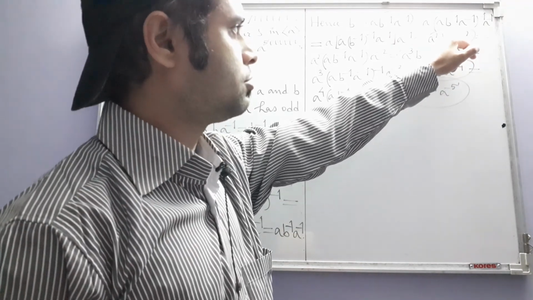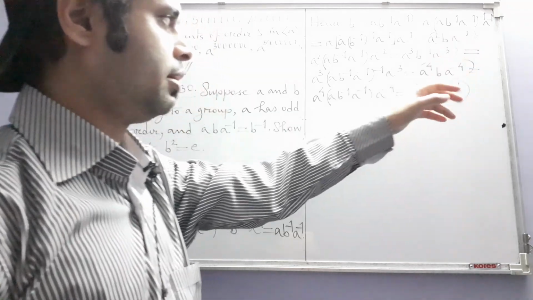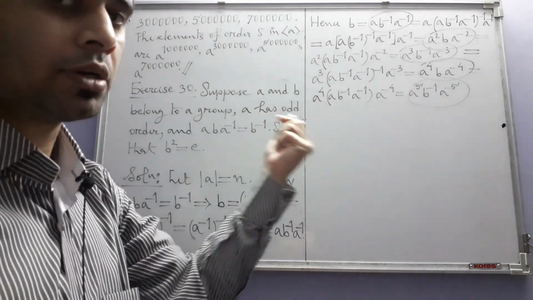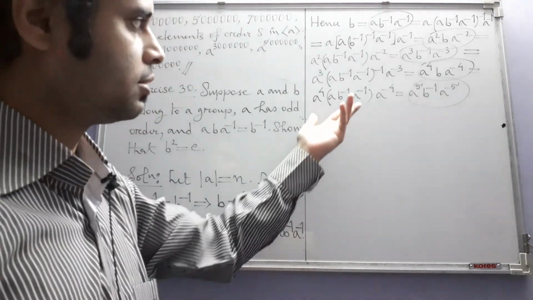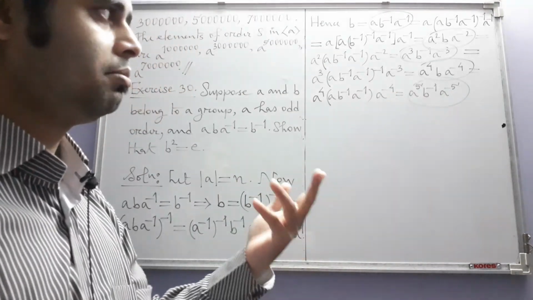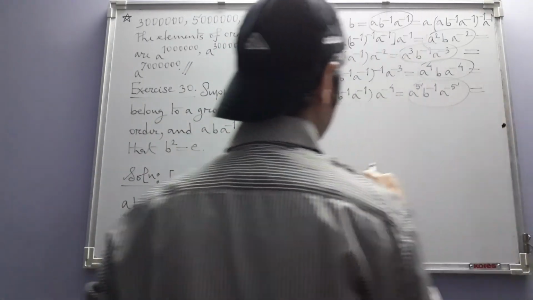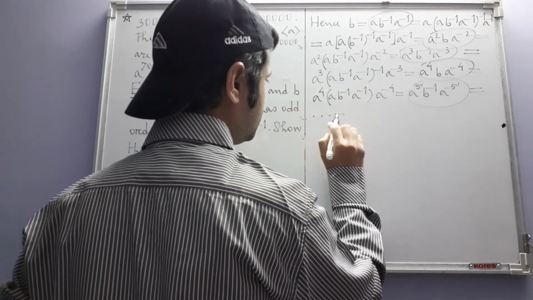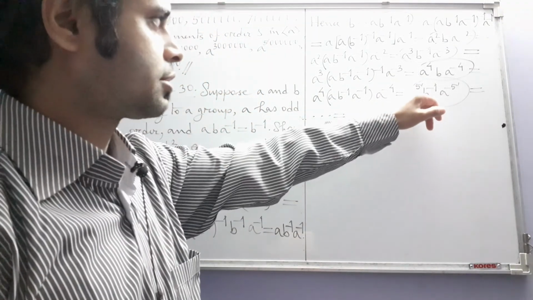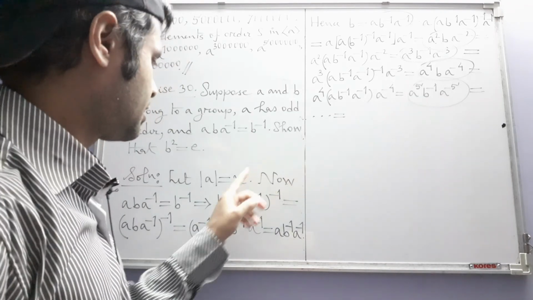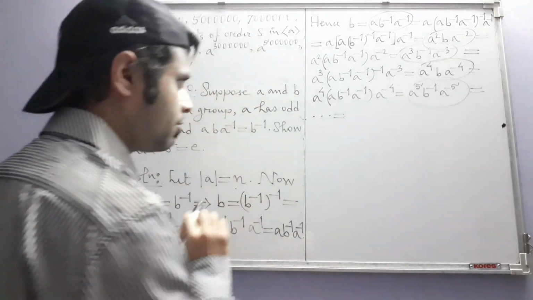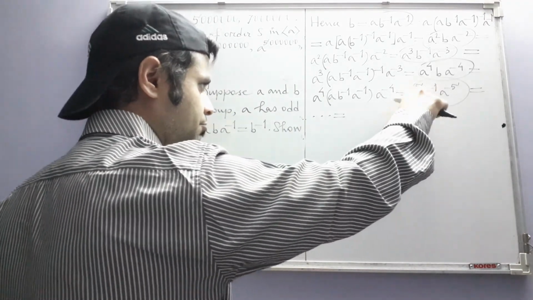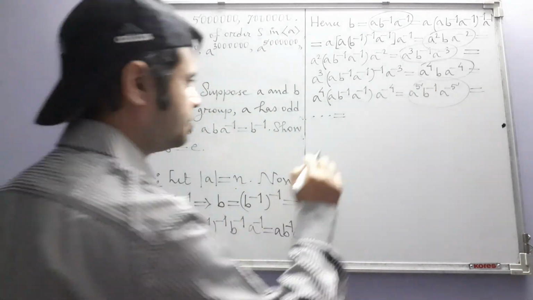If the exponent is 2 or 4, we have 1. And in the next stage, you can clearly see from the pattern, we will have a to the power 6, b a to the power -6. So if we proceed like this, since the exponent of a is increasing, at some point it will get to n. And because n is odd, we will have b inverse here.